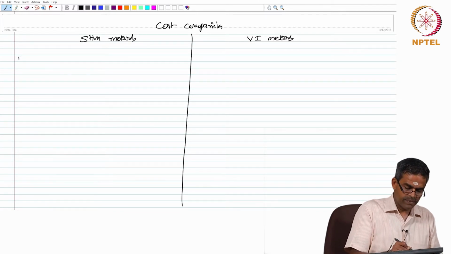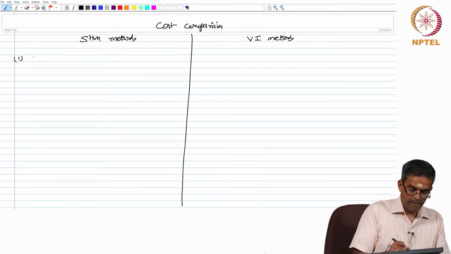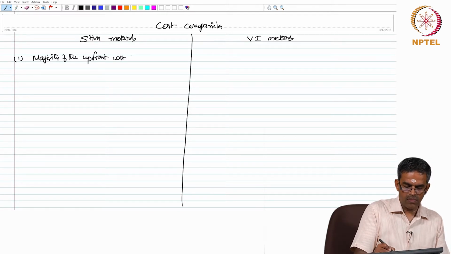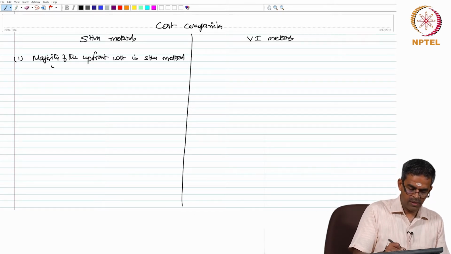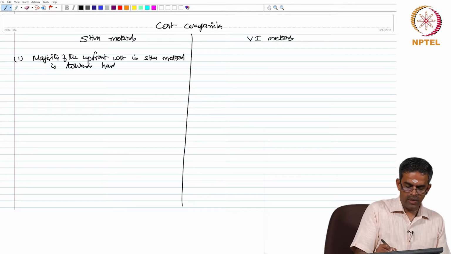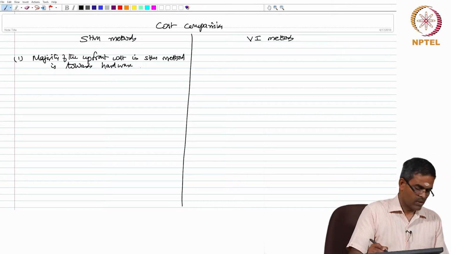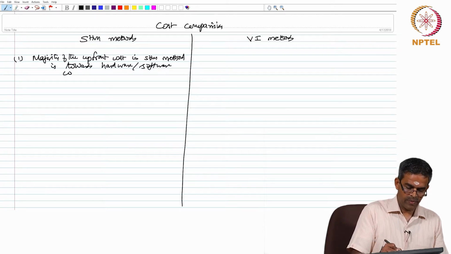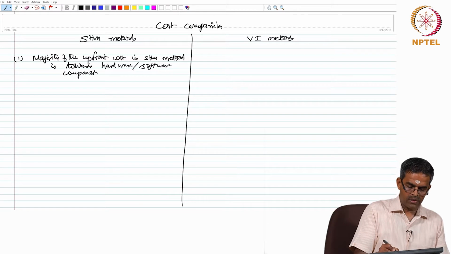Firstly, the majority of the upfront cost in the SHM method is towards hardware and software components. That is the first issue we have.